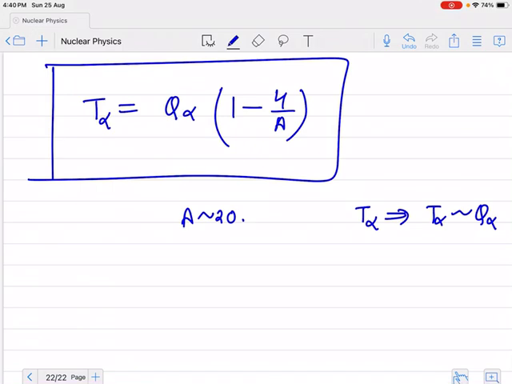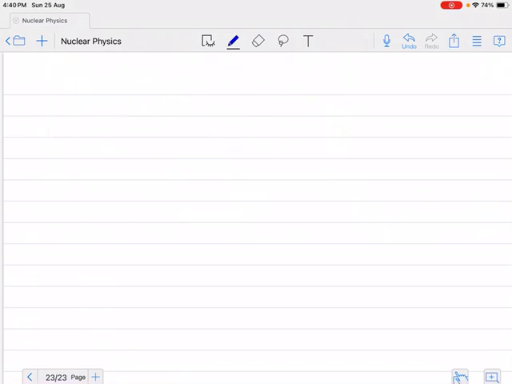So let's solve one problem from the GATE examination. The problem is this.